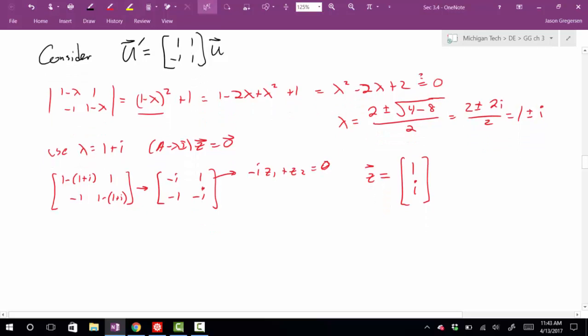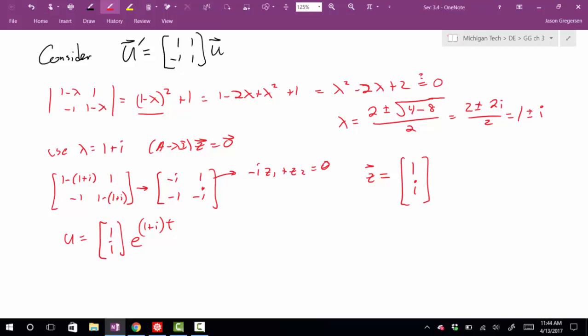Got my eigenvalue and eigenvector. So what does that mean? That means my solution should look like (1, i) e to the (1 plus i)t. Because if you notice, lambda 1, the first eigenvalue, was 1 plus i.